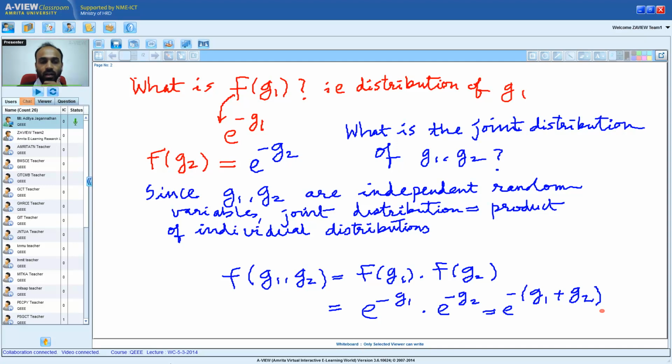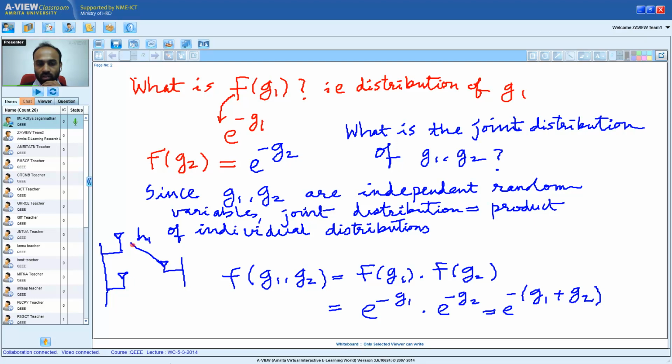This is the joint distribution of the channel gains G1 and G2. Here basically we are assuming that the channel gains G1 and G2 are independent. Let me remind you once again what G1 and G2 are. These are the two receive antennas and this is the transmit antenna.